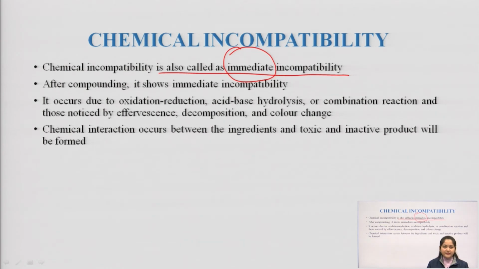The incompatibility occurs very fast, and we hardly have any time to notice it. After compounding, it shows immediate incompatibility. Whenever you compound these medications, the incompatibility you get is very quick, so you hardly get any time to reverse it.